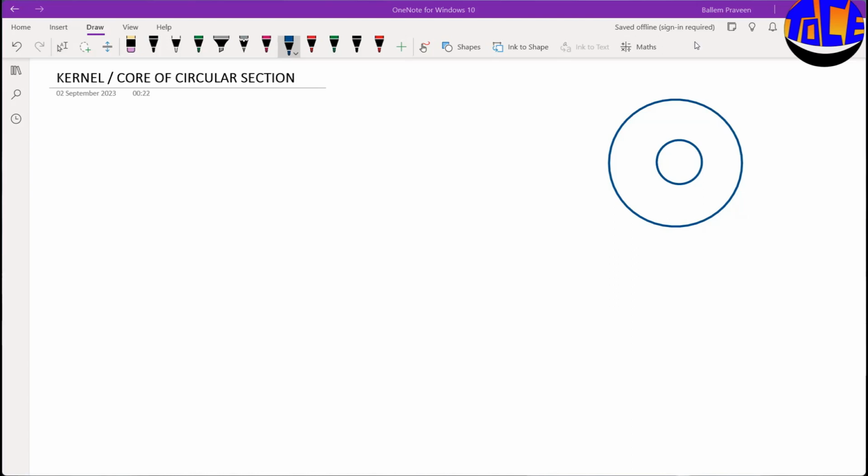Usually in compression members, you will get the direct stress and bending stress. So the combined stress will be the direct stress plus or minus the bending stress. The maximum stress, sigma max, is sigma d plus sigma b.